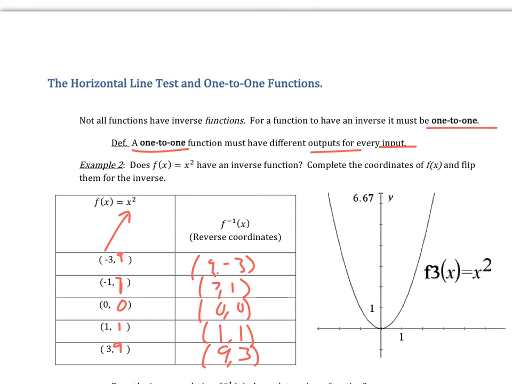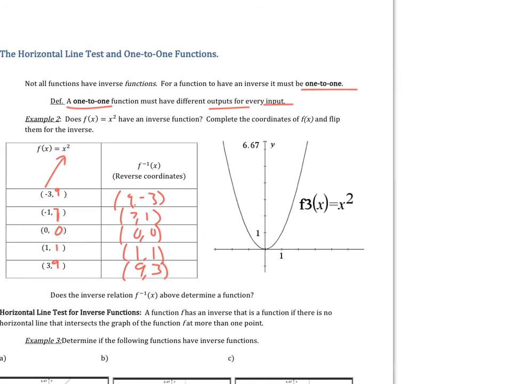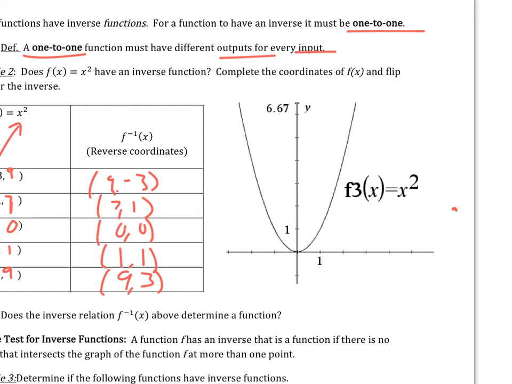Now, if we sketch a graph of this here, it's going to look kind of interesting. We have 9, 3 is going to be out here. We have 1, 1. Wait a minute, that's not a 7 there. Oops, that's not it either. Okay, so it's supposed to be a 1. Okay, so we have 1, 1.